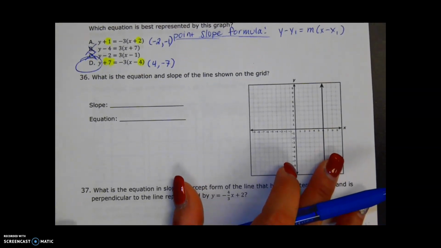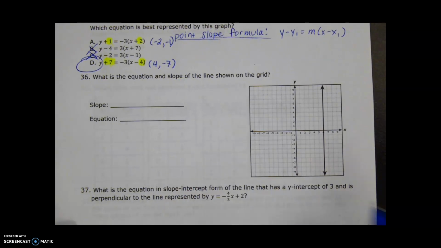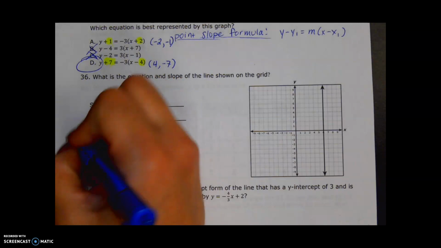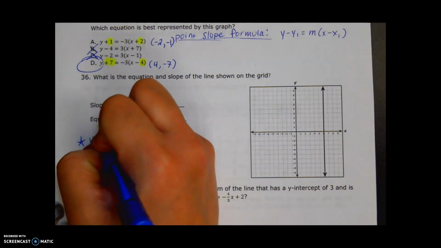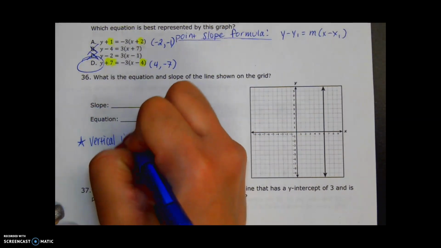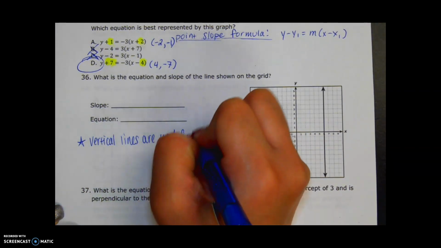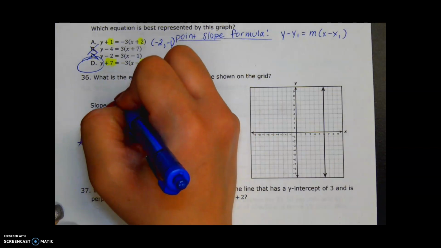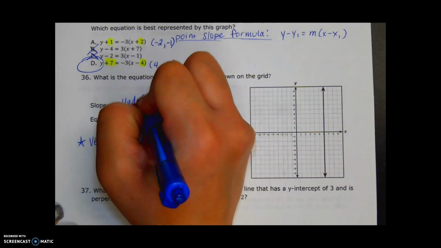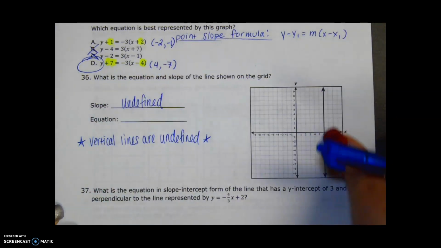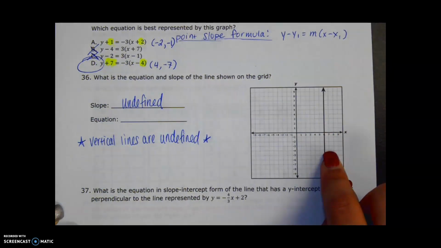All right. Next one, what is the equation and the slope of the line shown here? Well, remember, vertical lines are undefined. All right, so our slope is undefined. Vertical lines are always x equals something.